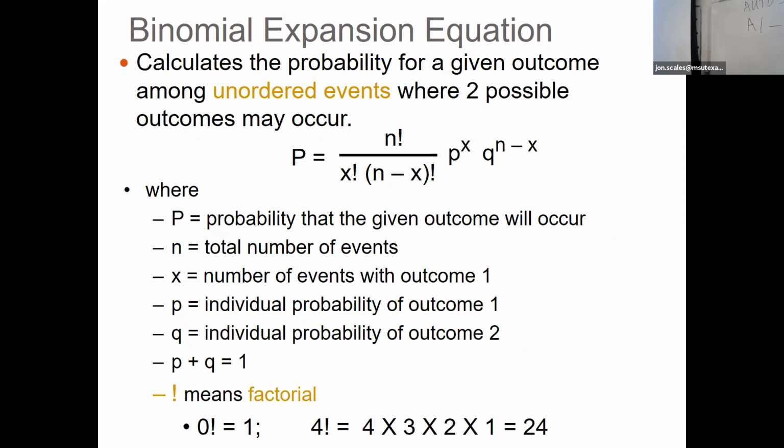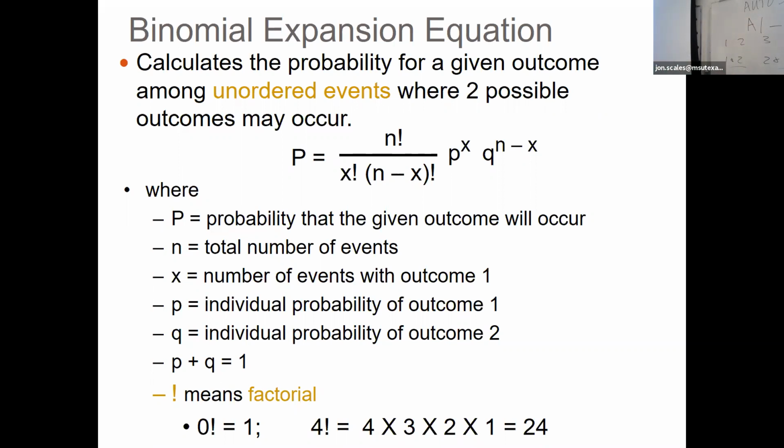So in our little example a while ago, 2 out of 3 kids. How many ways were there to get 2 out of 3 kids? Right? You could have 1 and 2, 2 and 3, 1 and 3. There were 3 ways to get 2 things out of 3 kids.